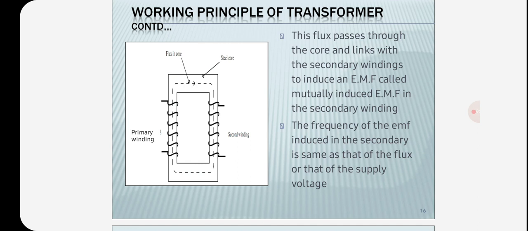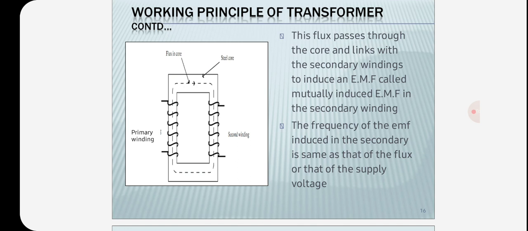The frequency of the EMF induced in the secondary winding is the same as that of the flux or of the supply voltage. The EMF in the secondary winding is able to circulate the current I2 in the load circuit. Thus the energy is transferred from the primary winding to the secondary winding through the medium of the magnetic field by the electromagnetic induction principle, without any change in frequency.